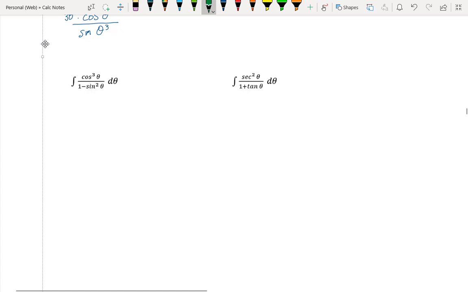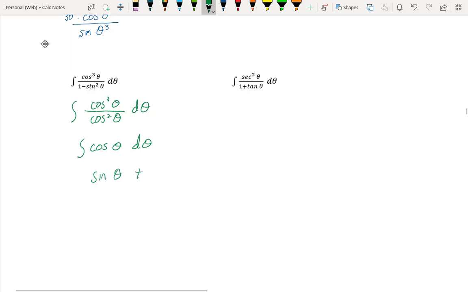I don't really know, but I do know that 1 minus sine squared theta is equal to cosine squared theta. So I could rewrite this as cosine cubed theta over cosine squared theta, d theta. Cosine cubed over cosine squared is just going to be cosine of theta, d theta. What's the antiderivative of cosine? It's sine of theta plus c. That was easy, wasn't it?